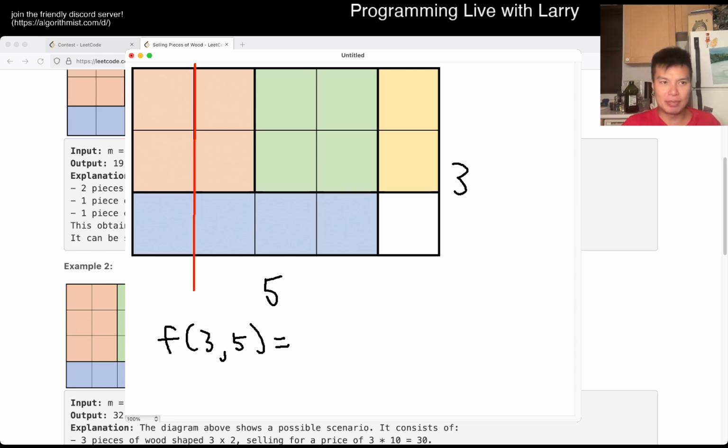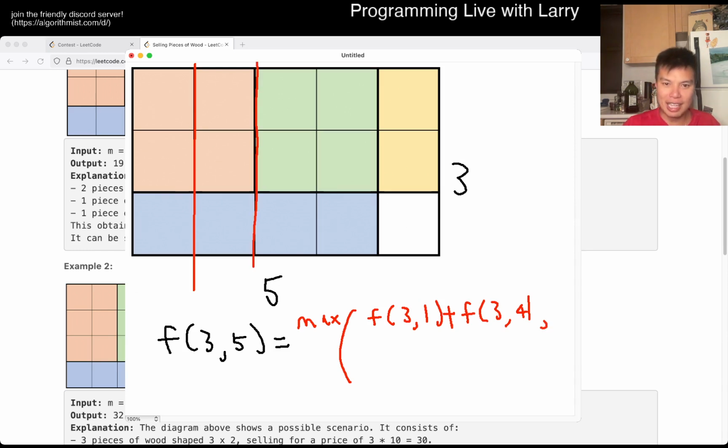So that's basically one thing: you try all of them and take the max of f of 3 by 1 plus f of 3 by 4, or you cut it this way, and now you have f of 3 by 2 plus f of 3 by 3, and so forth.